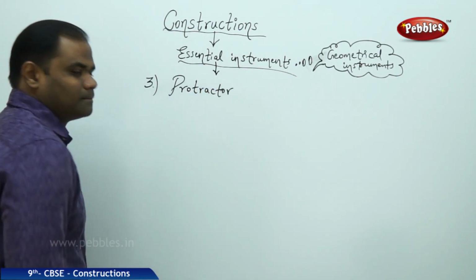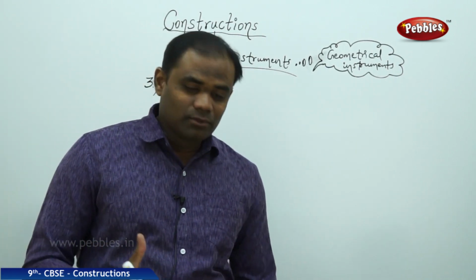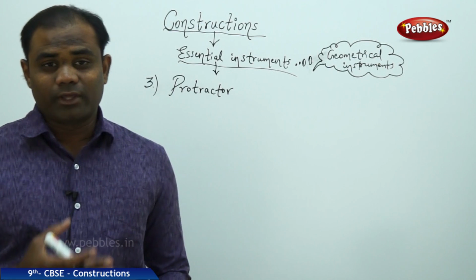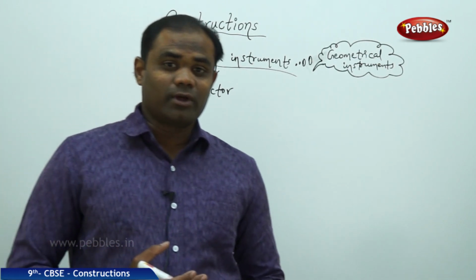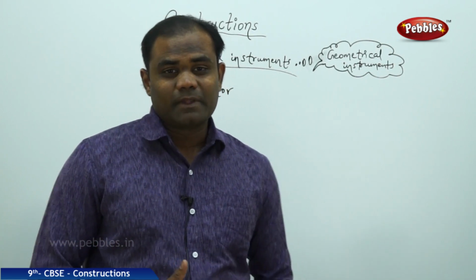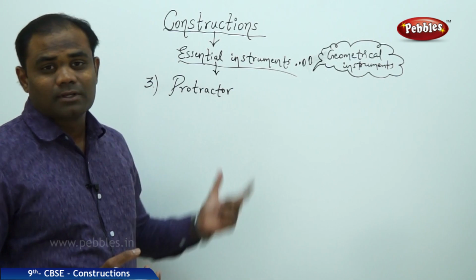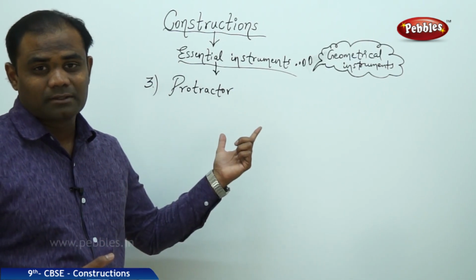Protractor. What is the significance of the protractor? Just like the ruler has its significance in drawing perfect straight lines, and a compass has its significance in drawing perfect circles or perfect arcs, similarly a protractor has its own significance. Let's see the significance of the protractor in real life.